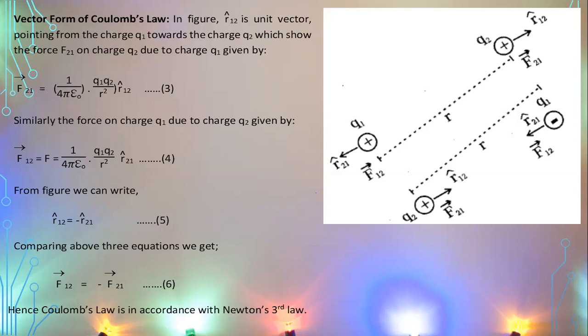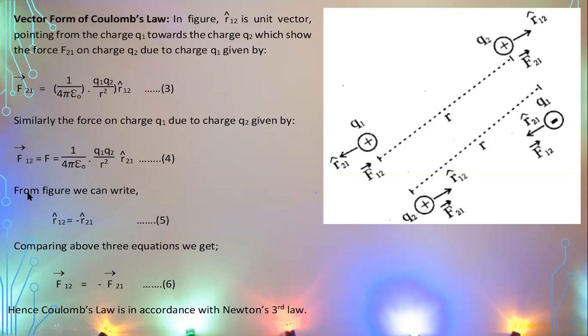And the unit vector shows that the direction is from charge Q2 to Q1. Here, 2 means charge Q2 is applying force and 1 means on charge 1.